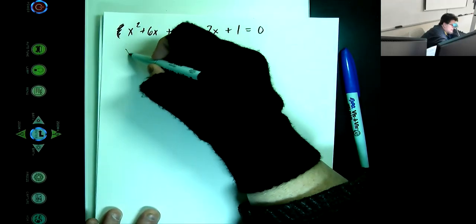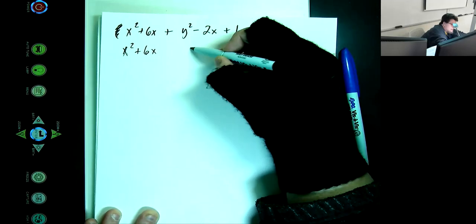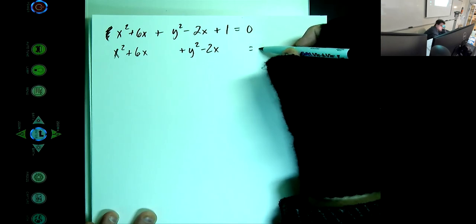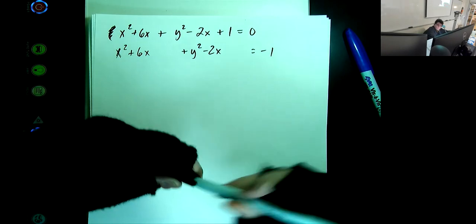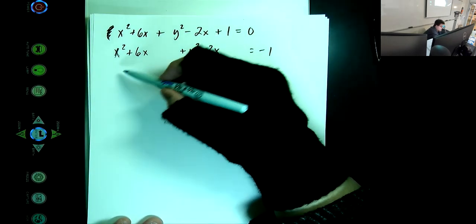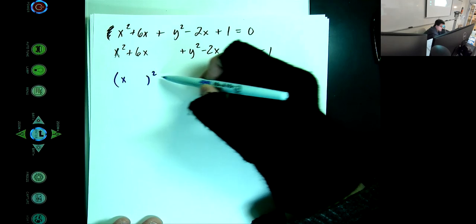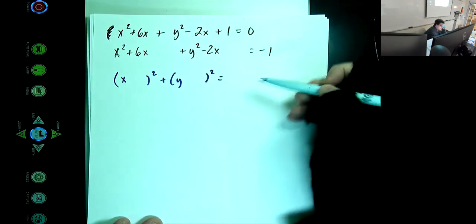I'm going to put some space in there, and I'm going to move the 1 over to the right by subtracting 1. So I should end up with x something squared plus y something squared equals something else.